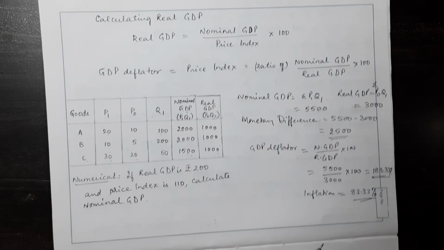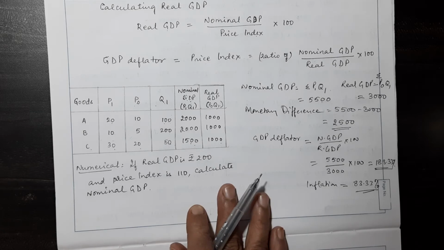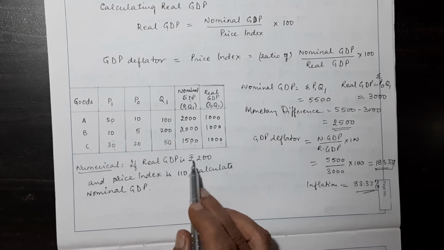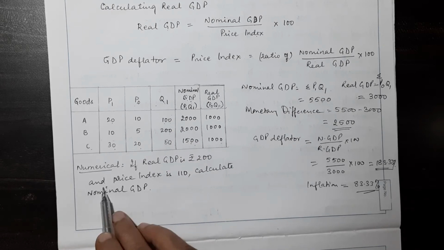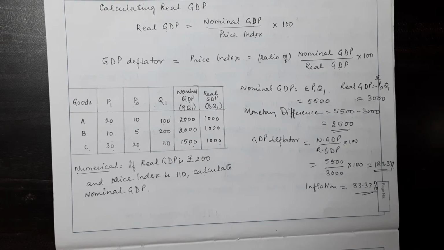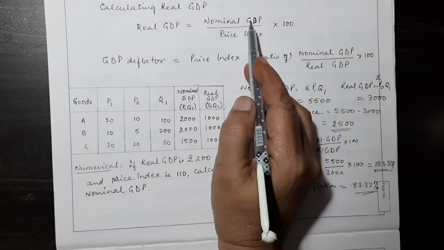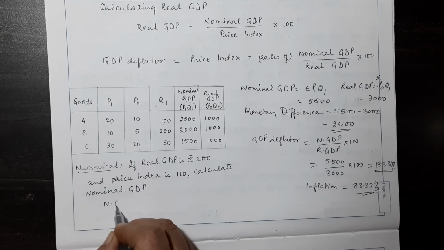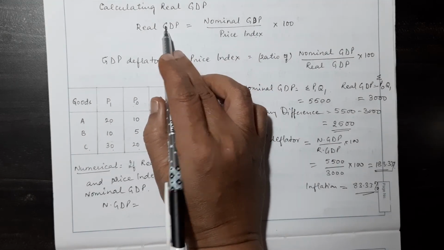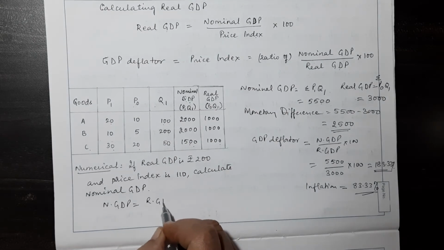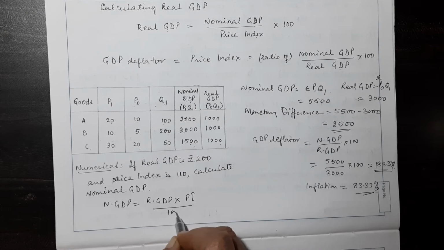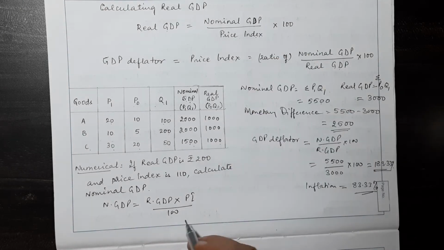So let's now try to solve a numerical that is generally asked in the examination. Similar type, the numbers can change. If real GDP is rupees 200 and price index is 110, calculate nominal GDP. So from what we have learnt over here, let's write down nominal GDP is equal to, take price index onto the left hand side, so this becomes real GDP into price index divided by 100, because this is in multiplication, it goes to the denominator.